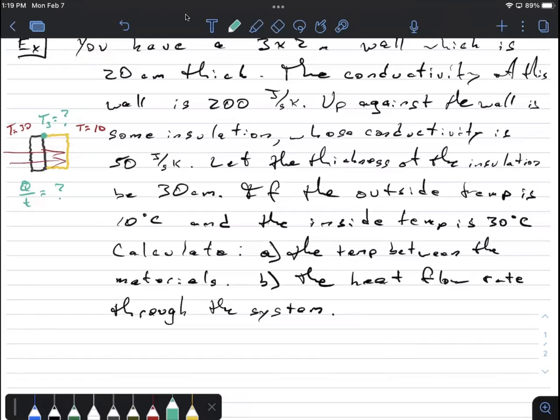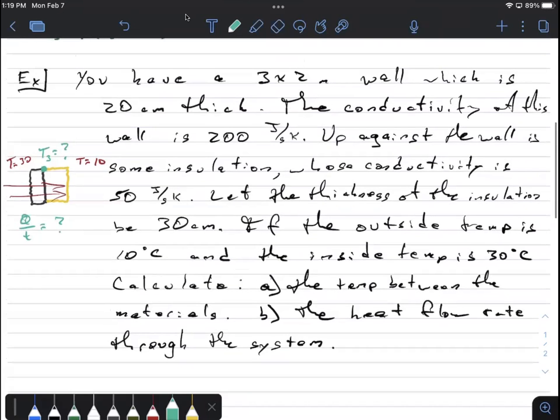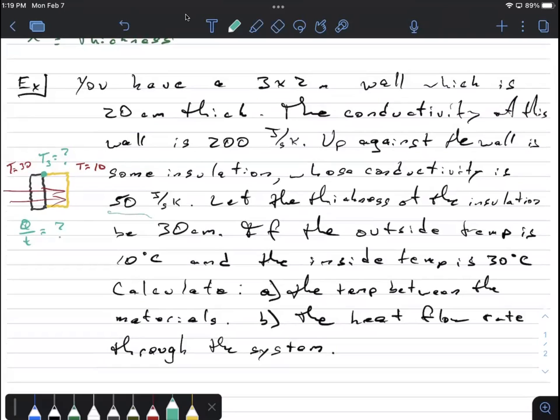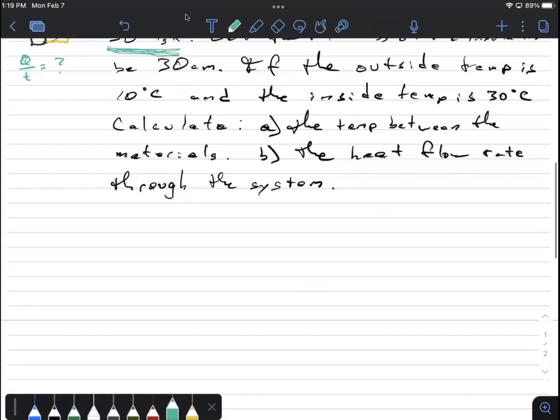Now, if I look at my information here, the insulation has a very low conductivity, only 50, whereas the wall is 200. So the wall can let a whole lot of energy through, 200 joules per second, let's say. But the insulation can only let 50 joules per second through. Okay, so a way to visualize this a little easier for some reason is if we think about water flowing through pipes.